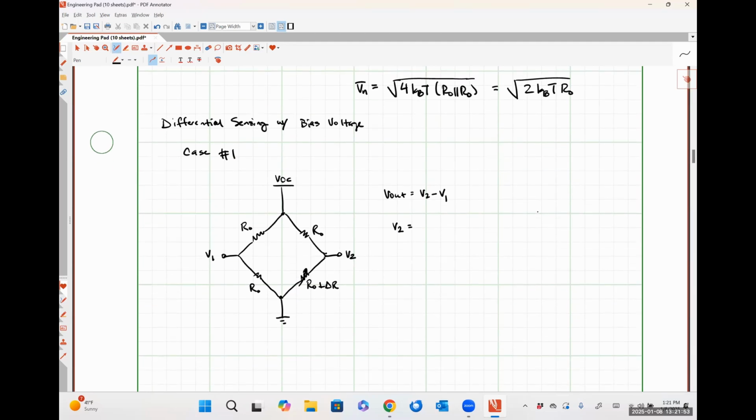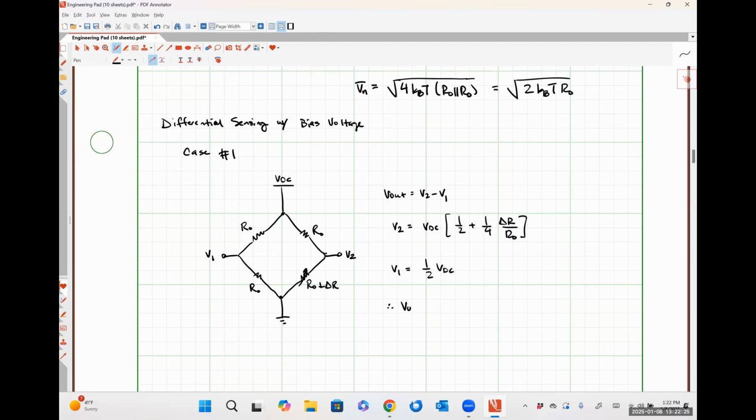So this would be VDC times a factor of 1/2 plus 1/4 delta R over R naught from our previous derivation. V1, using voltage division, is going to divide evenly among those identical reference resistors. So this is literally just going to be 1/2 VDC.